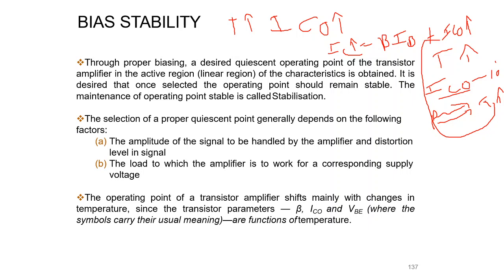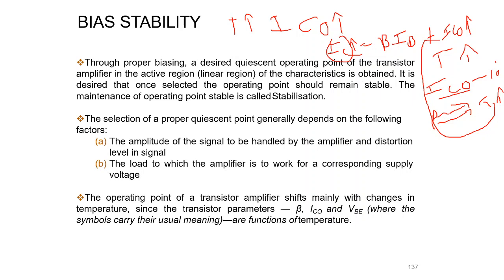So this has to be avoided by choosing proper resistance values and voltages in order to keep that point fixed, nothing but the current has to be fixed. Whatever the temperature variations and whatever the supply variations, this IC should be fixed. That we call bias stability.